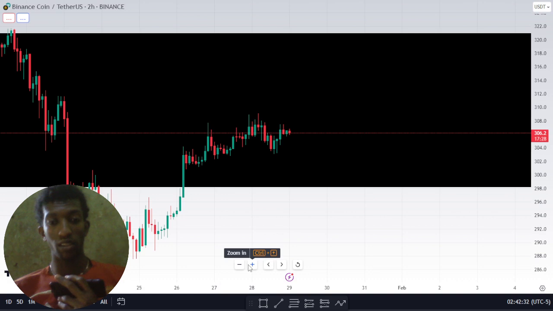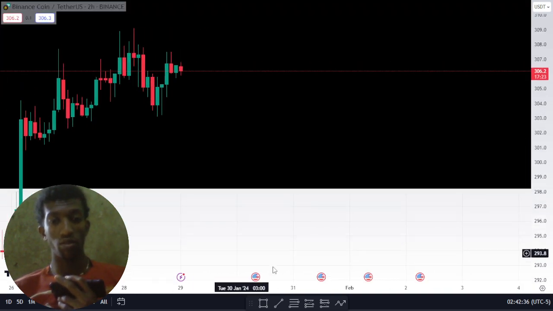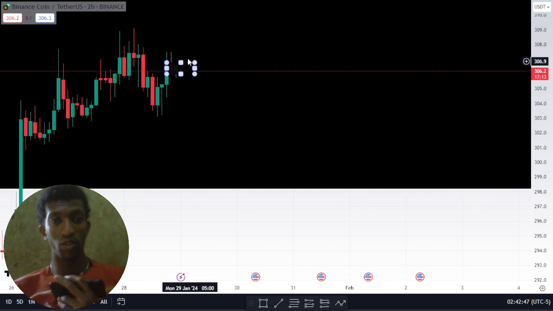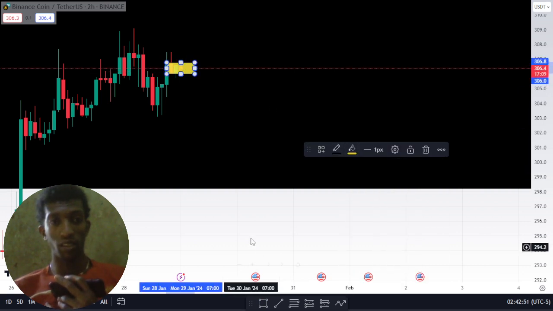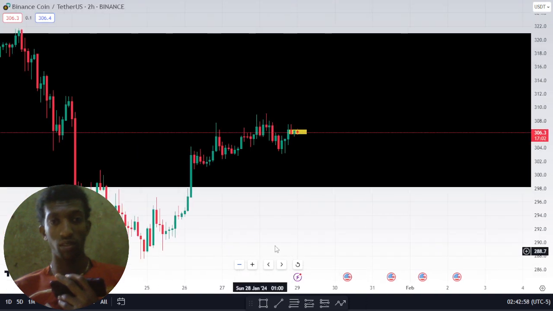Alright, we've got something in here. We have Binance coin. On the Binance coin we have something. All you gotta do is connect these things, guys. Connecting the lows, right? Okay, let us make it a different color, like yellow. Alright, as you can see, we have a consolidation.